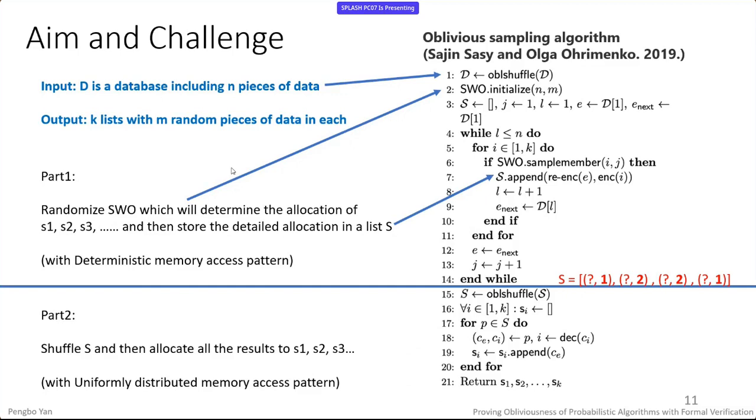And the second part will shuffle S and then allocate all the results into those output lists. The memory access pattern of the second part is truly uniformly distributed because we are going to shuffle S, and this S determines, and only determines, the memory access pattern of part 2.